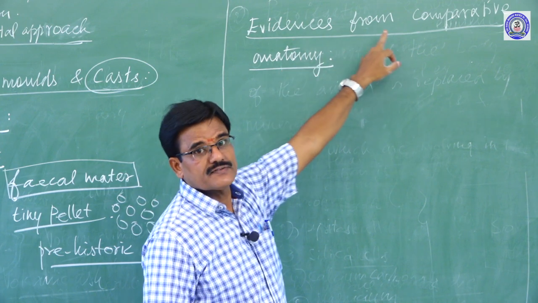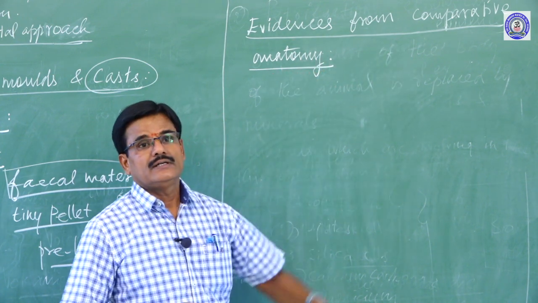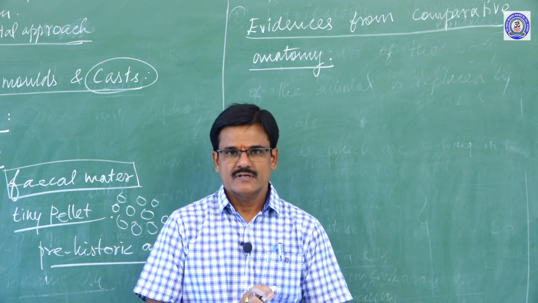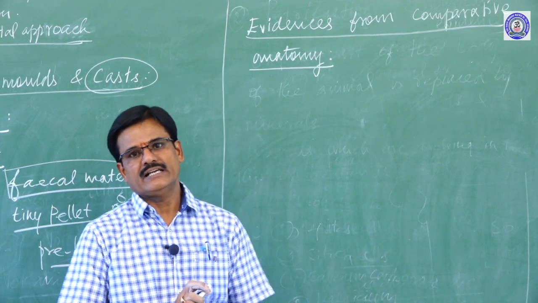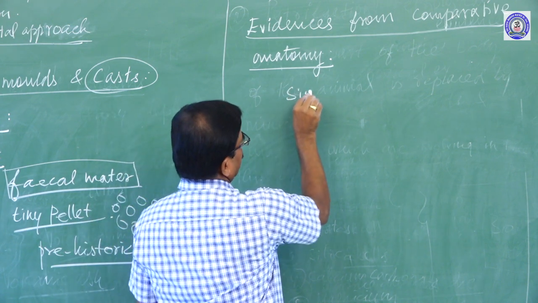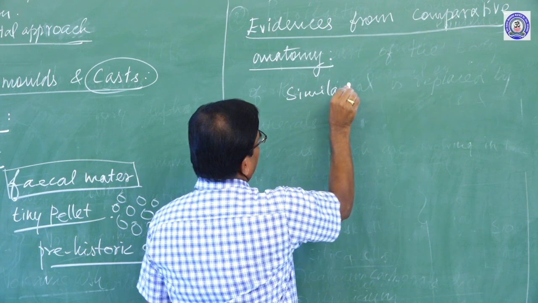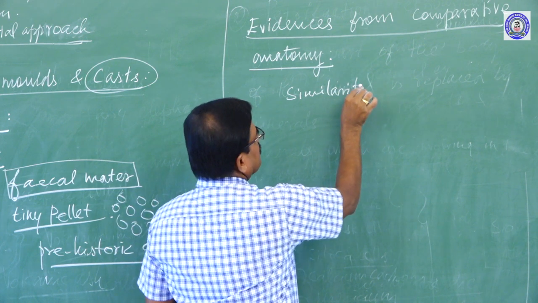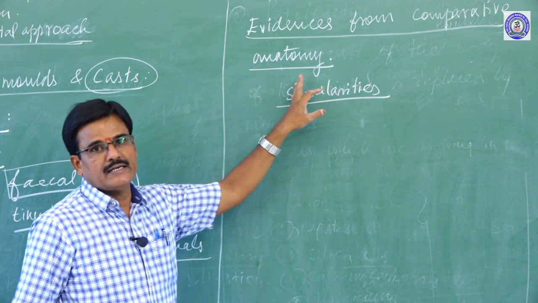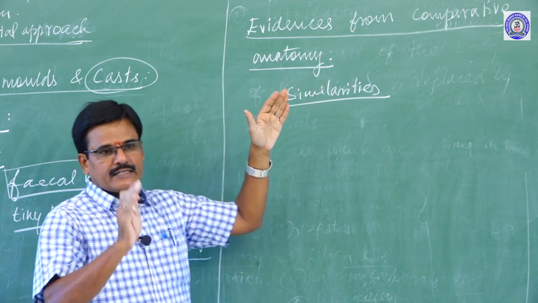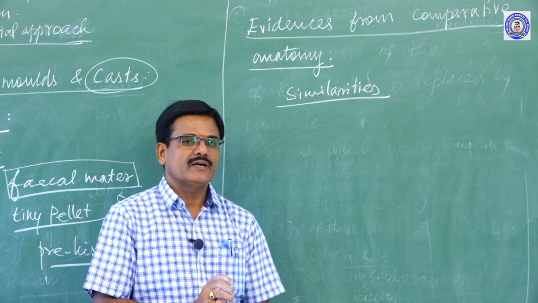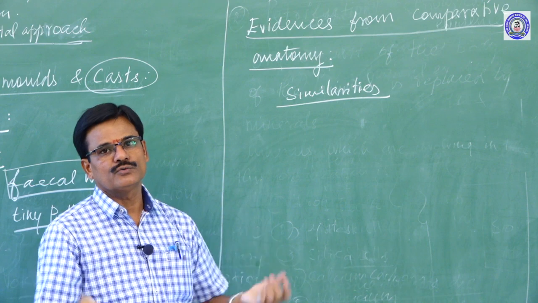Next, evidences from comparative anatomy. The similarities between groups of organisms are the indicators of relationship. What is meant by similarities? Similarities is nothing but seeming to be the same. Each group has its own characters, but some similarities are present in both groups.